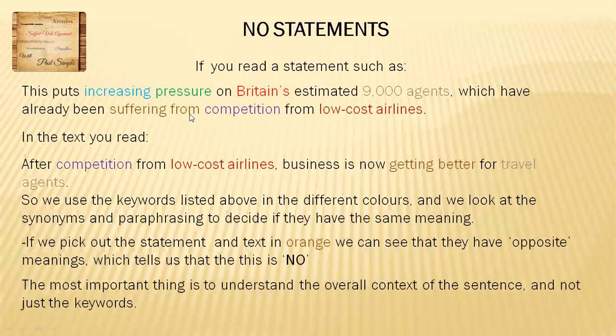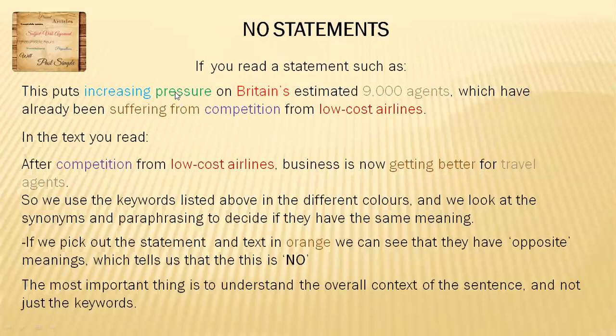So where does it say it's getting better? It doesn't. It says which have already been suffering from competition from low-cost airlines. And this sentence here also tells us this puts increasing pressure on Britain's estimated 9,000 agents. 9,000 agents are travel agents because we're talking about travel. Okay, so keywords here we don't need. Britain doesn't matter because this doesn't give us an indicator of where it is, but it's not important.